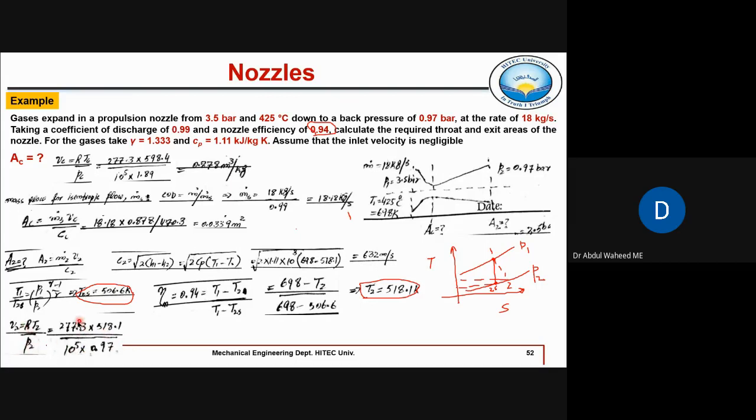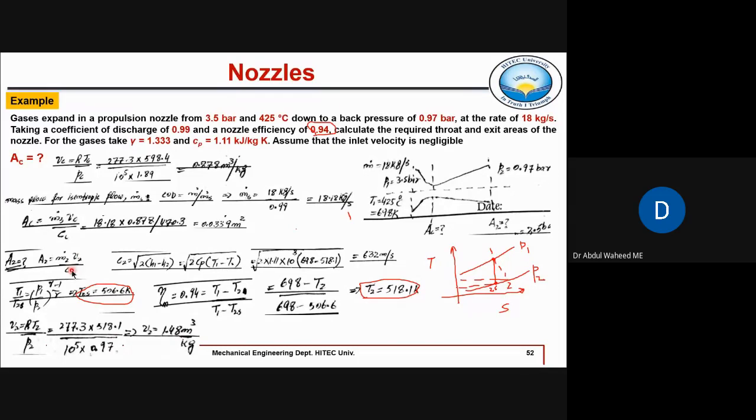R is in joules per kilogram per Kelvin or pascals meter cube per kilogram per Kelvin. So P2 should also be in Pascal. That's why 0.97 into 10 to the power 5. T2 is already calculated, 580. So from here, V2 is calculated, which is 1.48 meter cubes per kilogram.